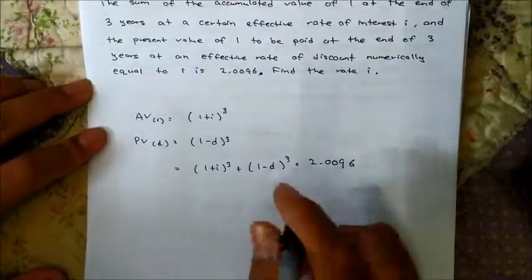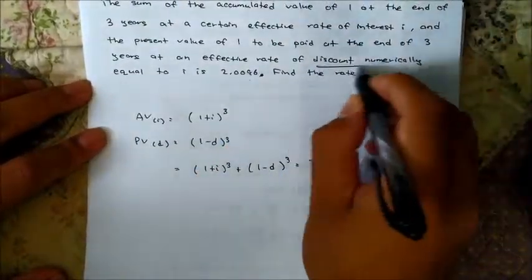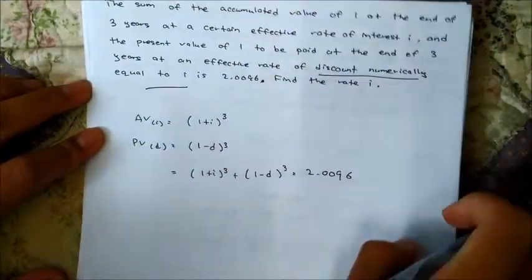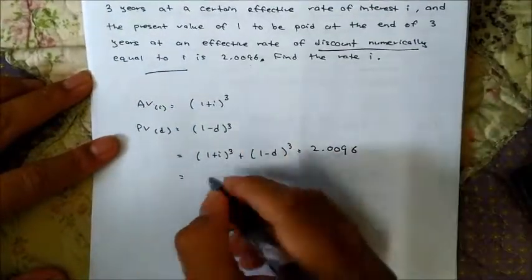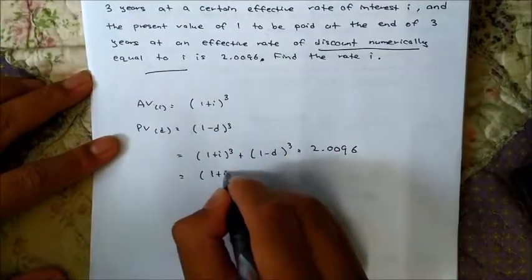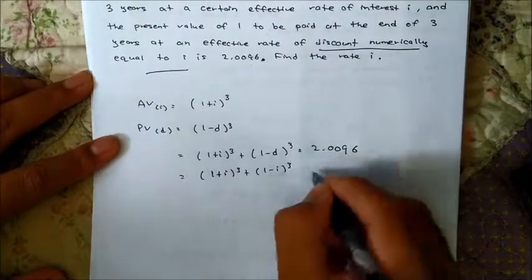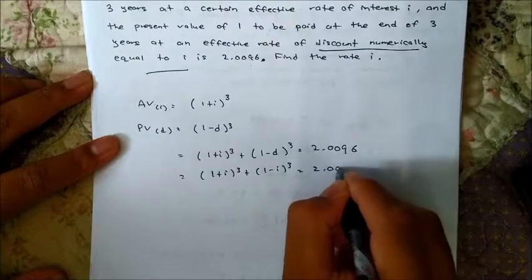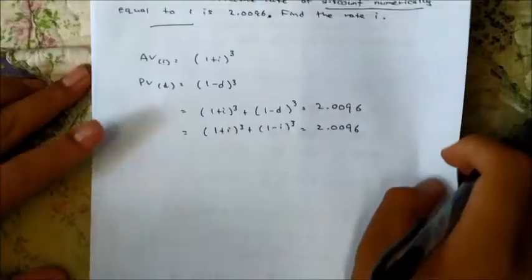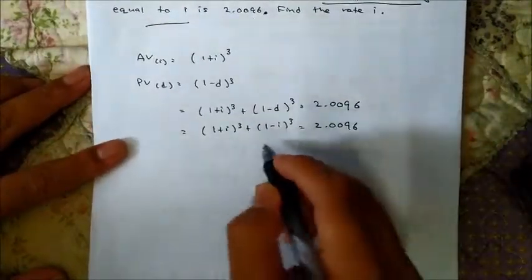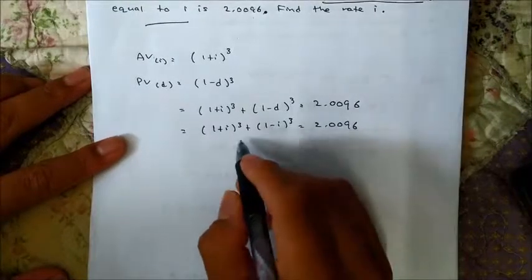And since the question said that the discount numerically equals i, we can assume that it is actually (1 plus i) to the power of 3 plus (1 minus i) to the power of 3 equals 2.0096. So at this point, to find the value of i, we need to expand this equation.